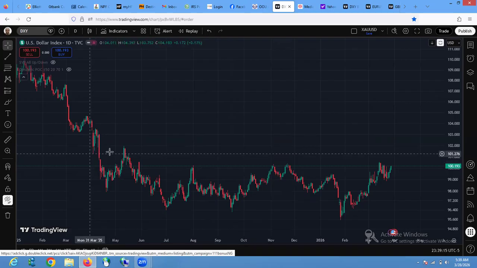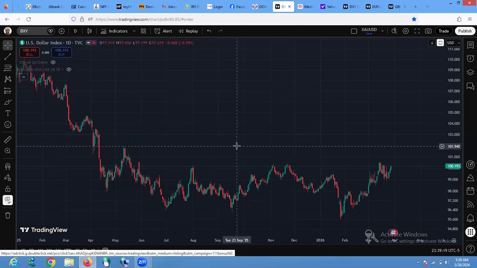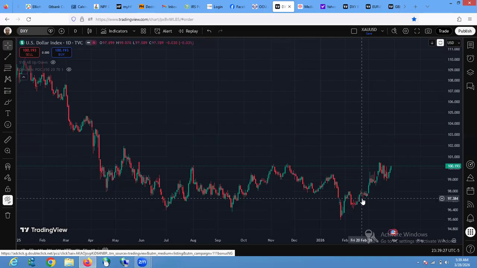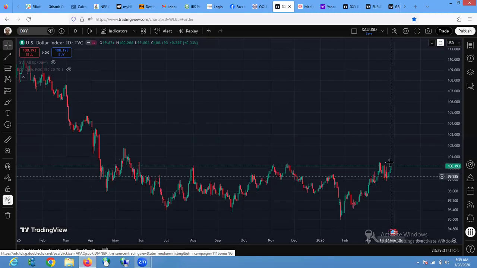So between here and this area won't be a bad resistance. But again, you have to count the internal structure of this particular wave to make sure that it's completed as a 5 waves. So this is 1, 2, the third wave, the fourth wave, and we are going up.